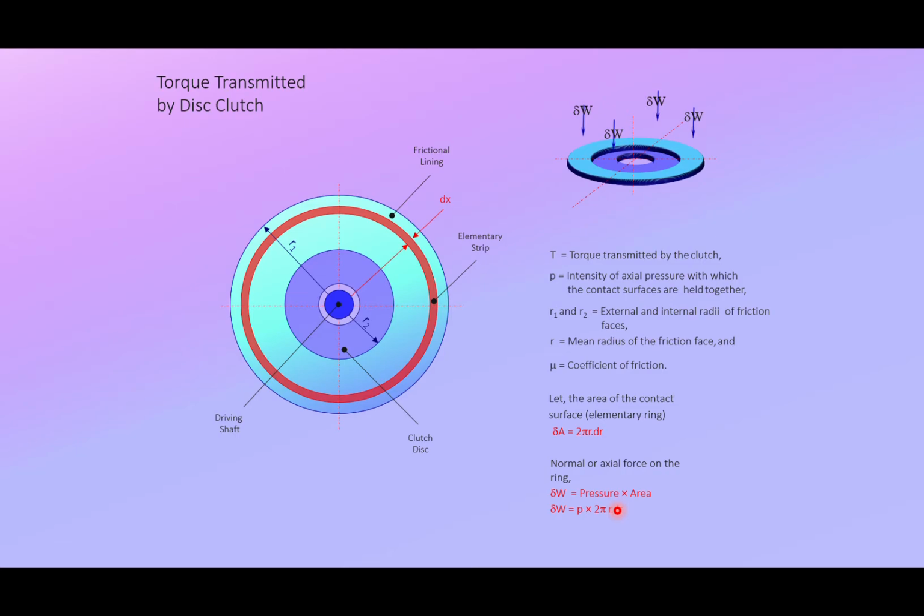Now, the pressure here depends on whether we consider uniform pressure theory or uniform wear theory. If we consider uniform pressure theory, this pressure will be constant. If we consider uniform wear theory, this pressure will vary inversely proportional to the radius of the frictional lining.